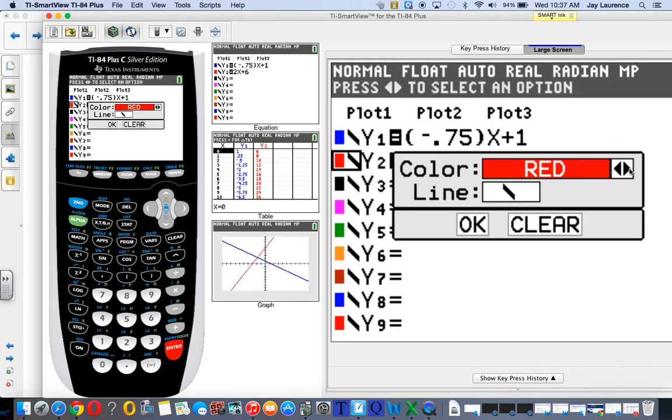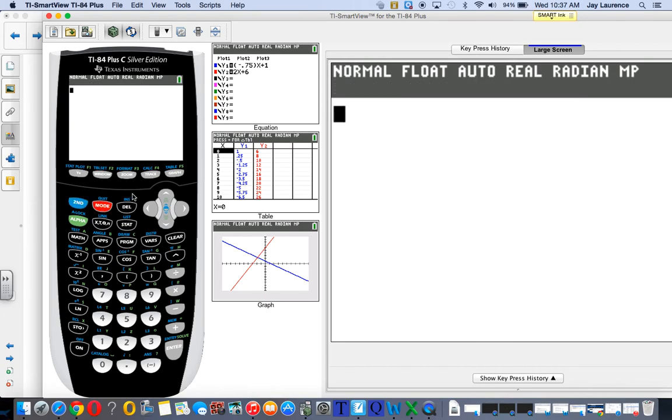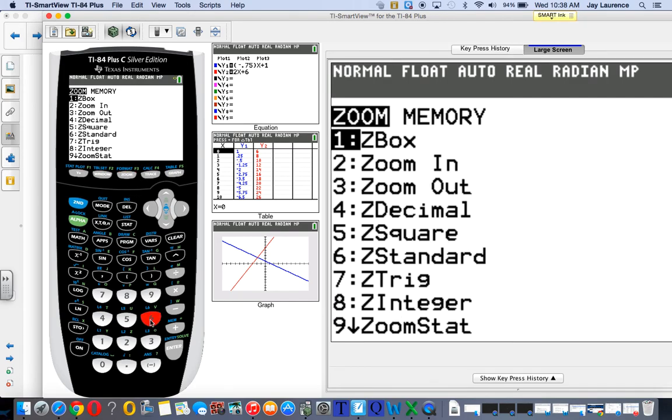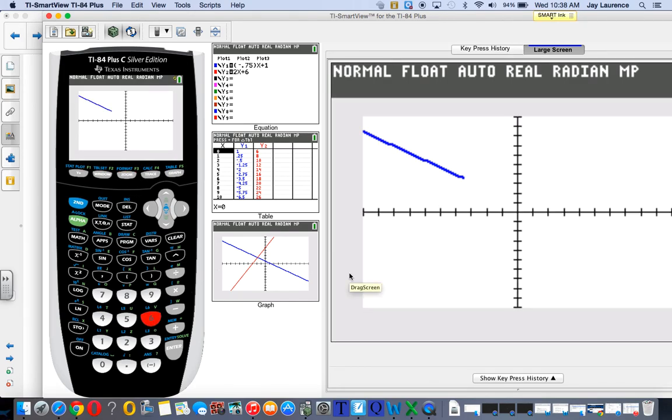It doesn't seem to want to let me do that. All right, now I can't get out of there. Okay. All right, so there's my two lines. I'll do a zoom 6 to make sure I'm looking at the right part of the graph. And here they come. Okay, it looks like they're crossing right there, doesn't it?